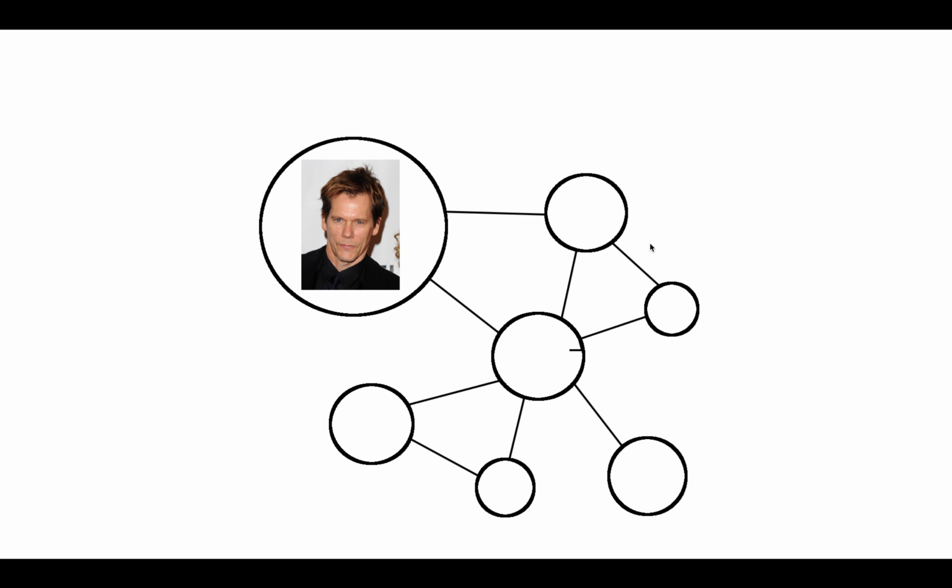And it turns out that the reason why I used Kevin Bacon here is because there is something called the Kevin Bacon effect. He acted in a lot of random movies, and it turns out that the diameter of real-world graphs, like the acted-in graph, is usually very, very small. In the Kevin Bacon effect, it's 6. So you just have to jump 6 other actors until you end up with Kevin Bacon, right?